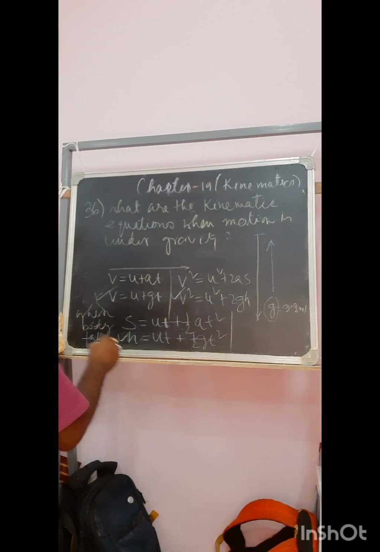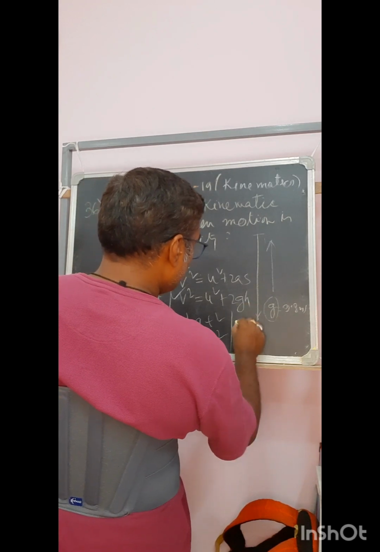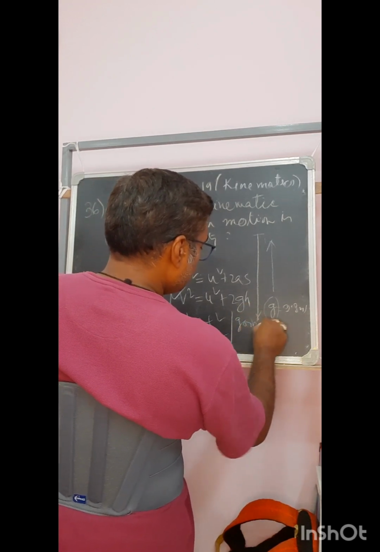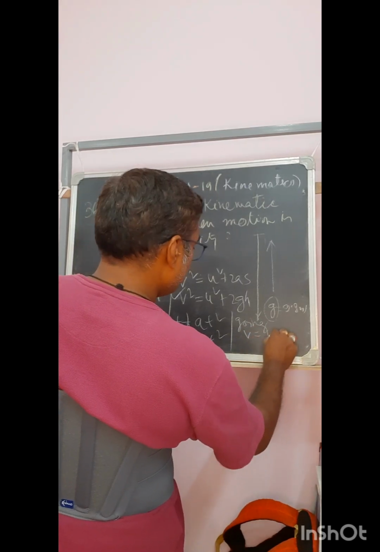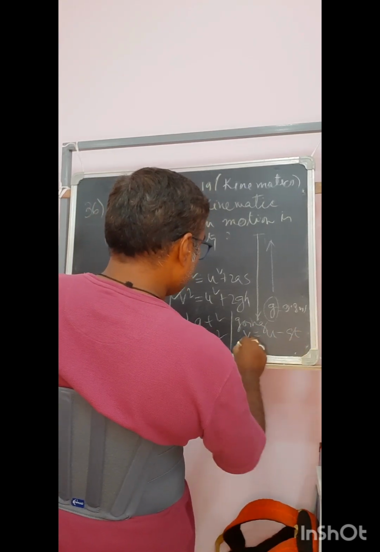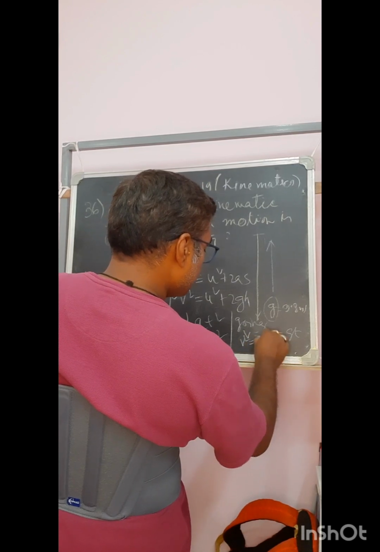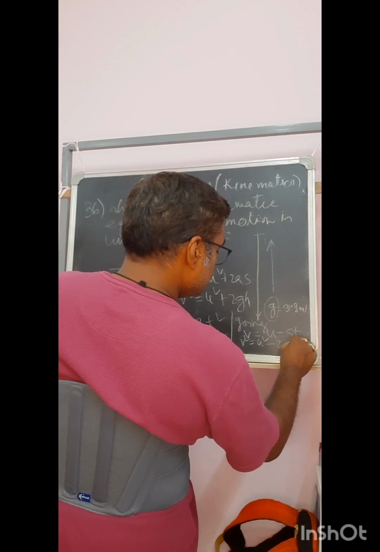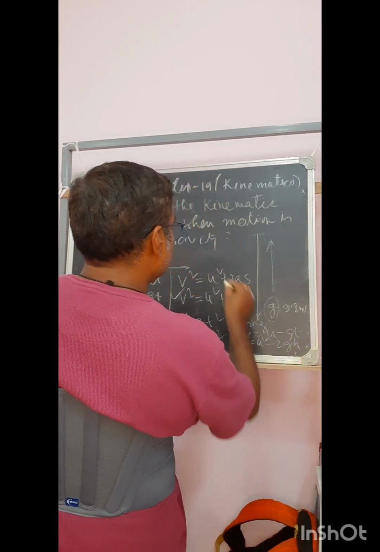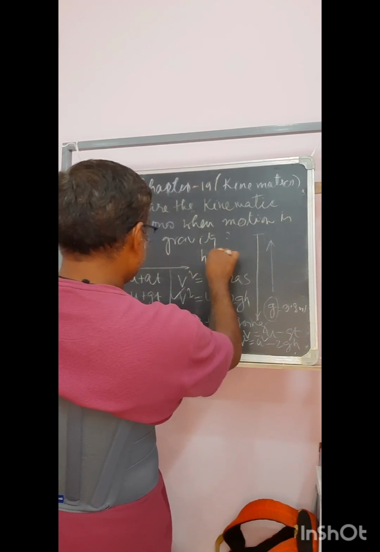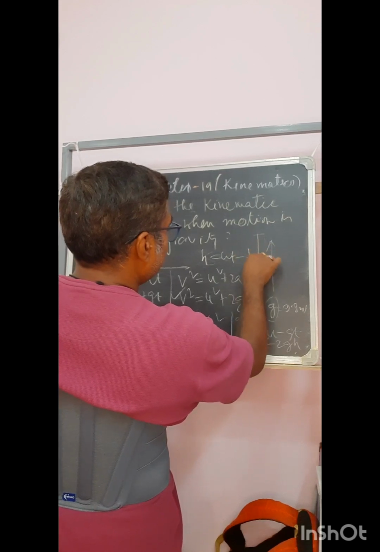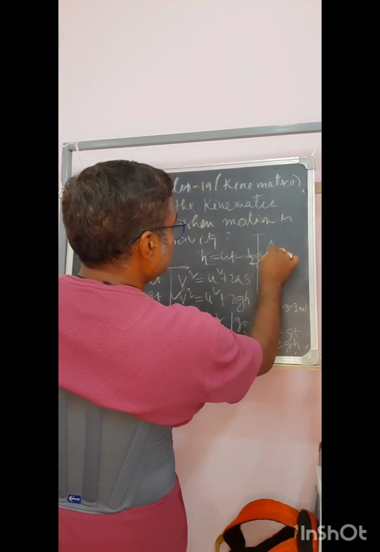Okay, when the body is going upward, the equations will turn into v is equal to u minus gt, v square is equal to u square minus 2gh, and the third one will be h is equal to ut minus half gt square.